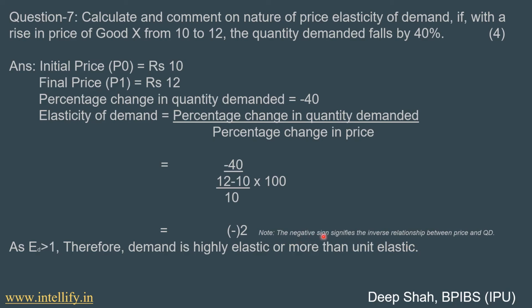So the note should always be mentioned and the sign should always be put in brackets. As elasticity is greater than 1, therefore demand is highly elastic or more than unit elastic. This is the answer for the nature of price elasticity of demand. So the words highly elastic or more than unit elastic should always be mentioned.